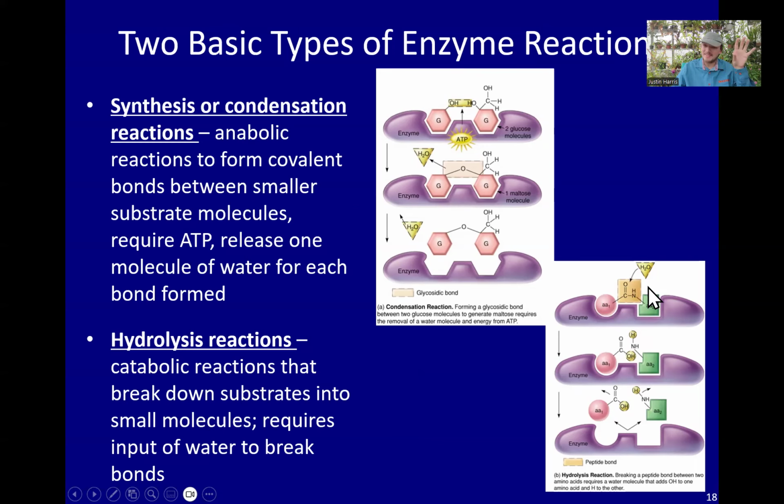We take one big substrate and break it up into two smaller products by consuming the water. And this is what's known as a hydrolysis reaction. You can think of the name of water, hydro, and lysis, which means to break. And so a water breaking reaction. We're taking a water and we're breaking up this molecule into component pieces.